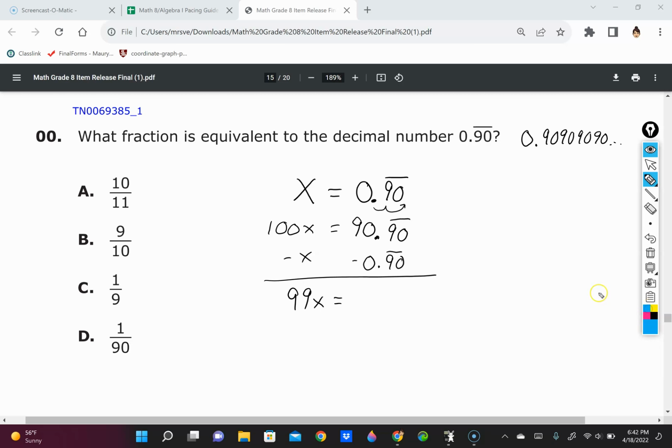Now you can see that I have 90.90 repeating minus your repeating. So all that's really canceling out is your repeating portion. That leaves me with 90. And then you just divide by the coefficient and reduce your fraction. 9 will go into 90 and 99 to give you 10 over 11.